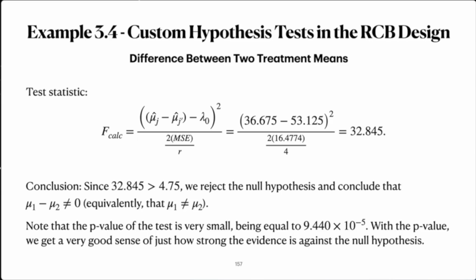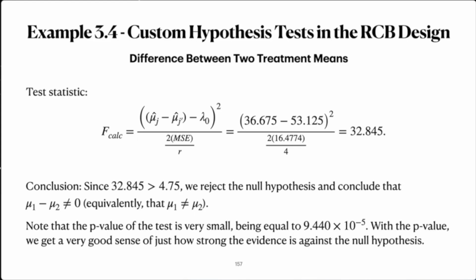The denominator of F-calc is 2 times the mean squared error, which from the ANOVA table is 16.4774, divided by r, which in this case is 4. And so when we calculate this, we get a value for the test statistic equal to 32.845 rounded to 3 decimal places.